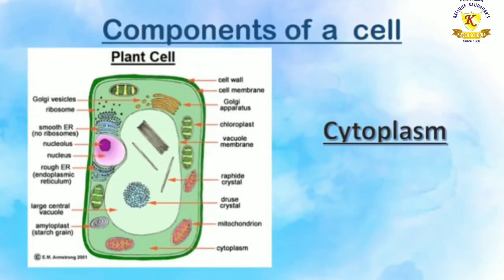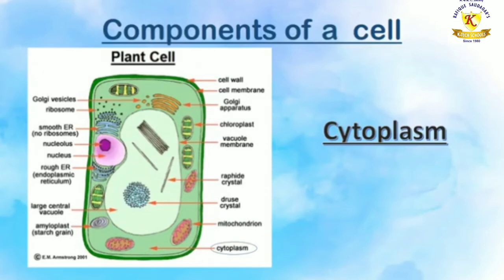Now the next component of cell is cytoplasm. See in this picture, there is present cytoplasm. It is the fluid between plasma membrane and nucleus. Here in the bottom you can see the cytoplasm present in the cell.